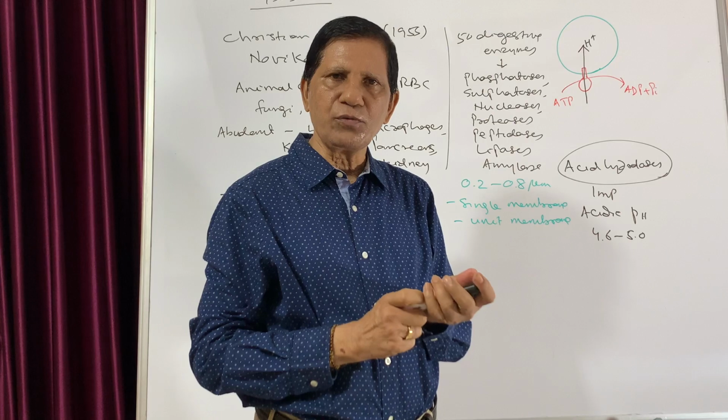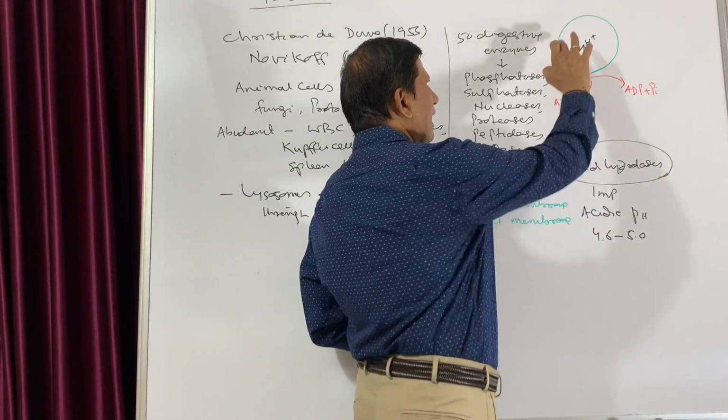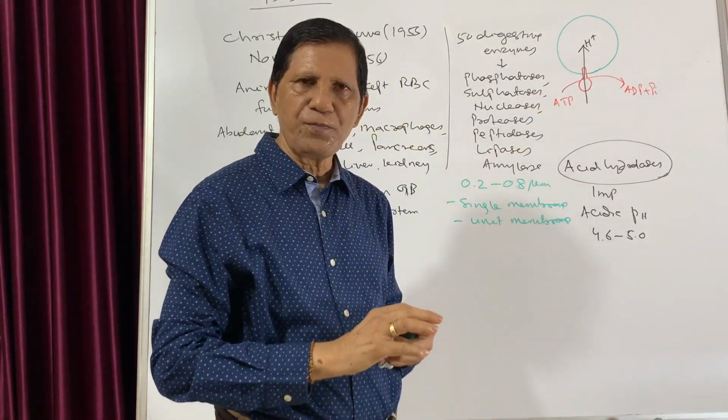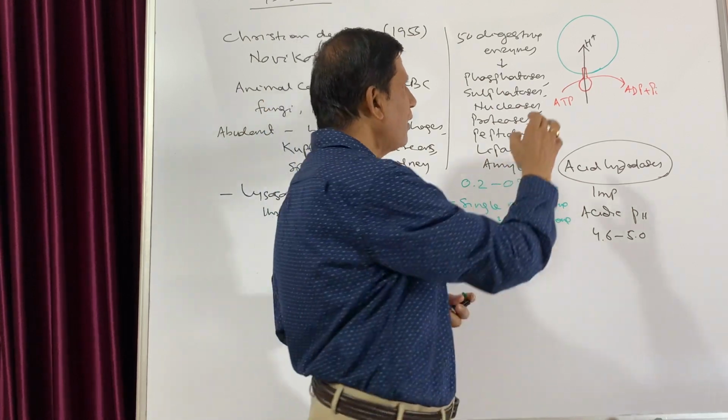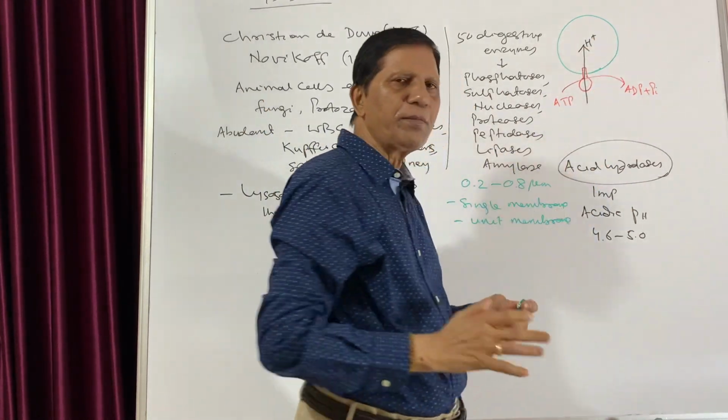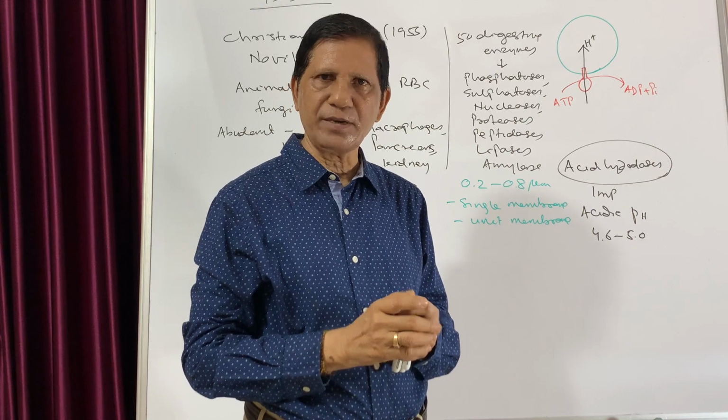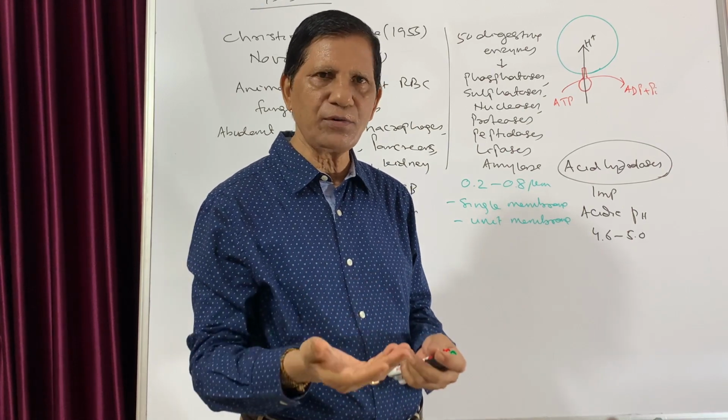Now you may ask one question: if all these digestive enzymes are present inside the lysosome, then why is it not digesting the lysosomal membrane itself? Actually, it's a very good question. So what is the answer to it?